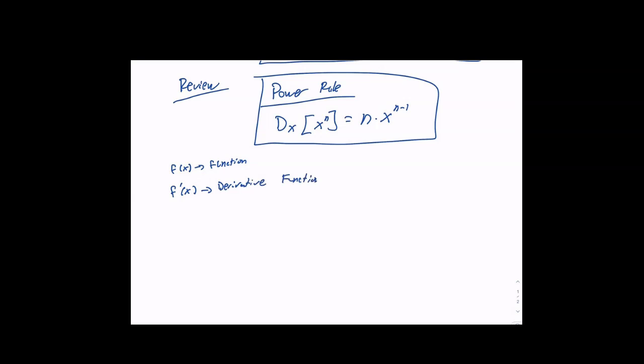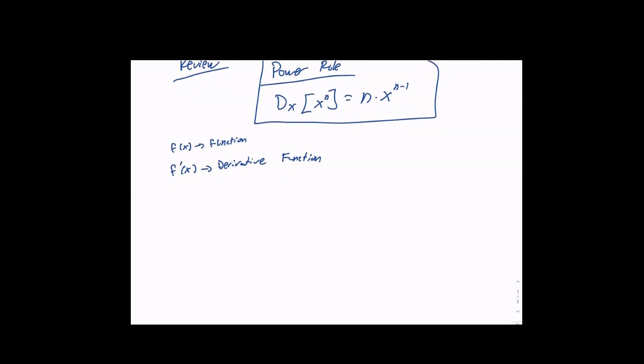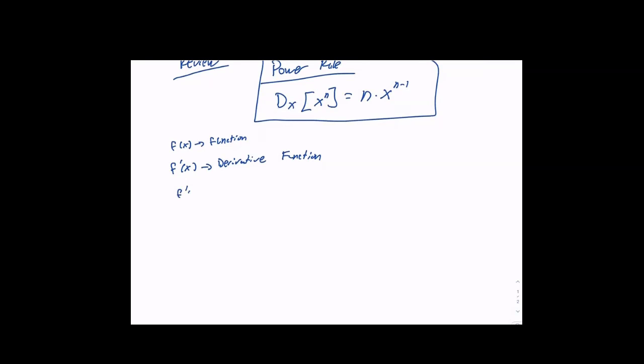So they're both functions, and that's important to realize. F prime of a is the derivative, the slope at a point. All very important pieces.